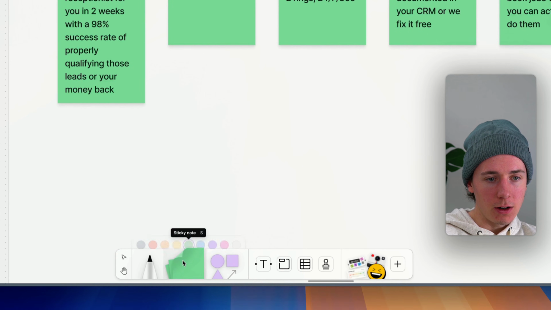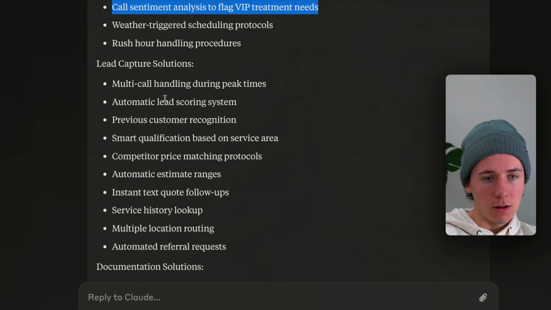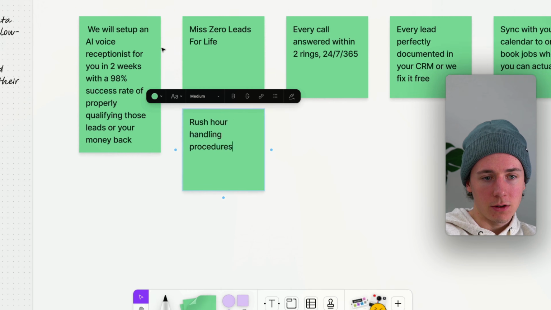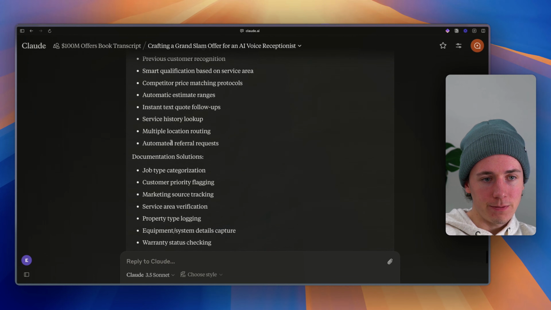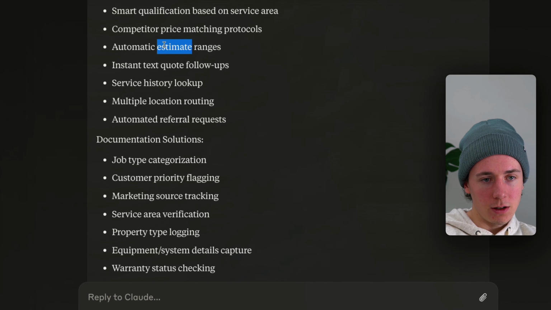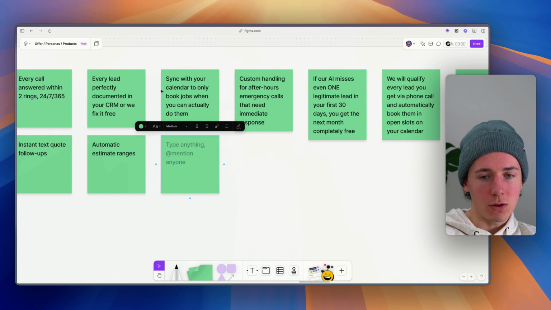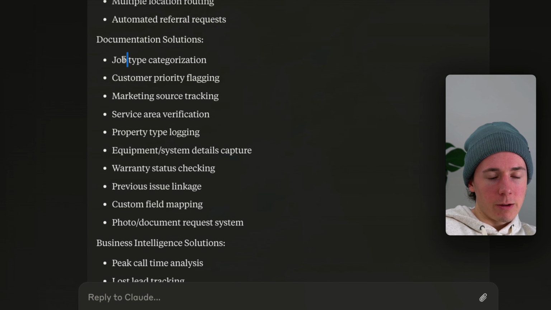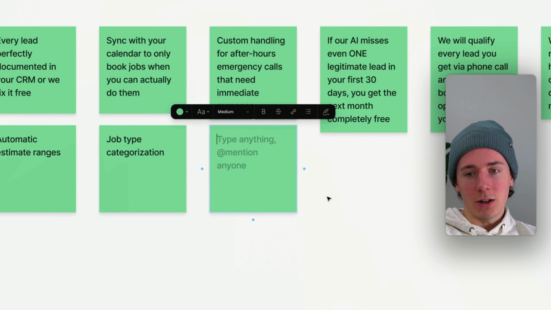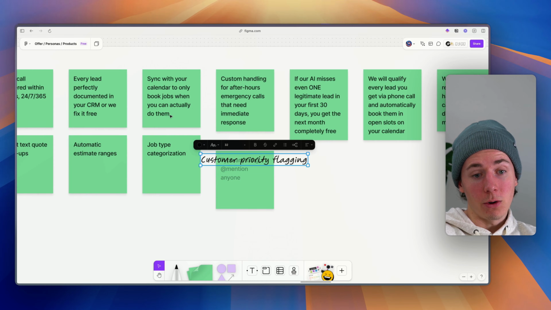So let's go back over here, and then we're going to use rush hour handling procedures, automatic lead scoring system, qualification, instant text quote follow-ups, competitor price matching tool, automatic estimate ranges. Documentation, we can understand the job type. Yeah, so we can understand what type of job they're actually looking for, the priority of those jobs.